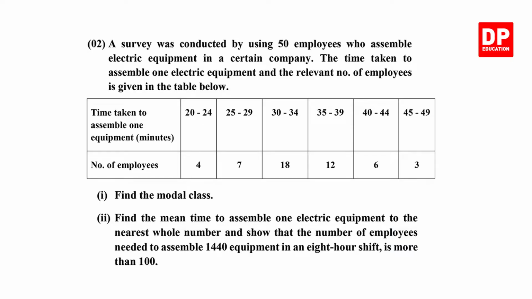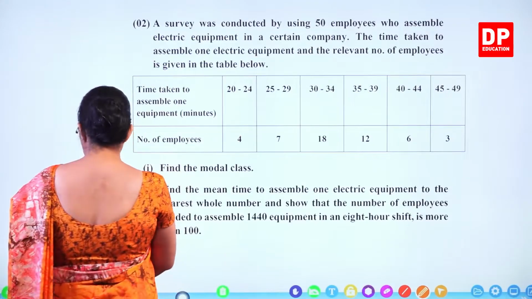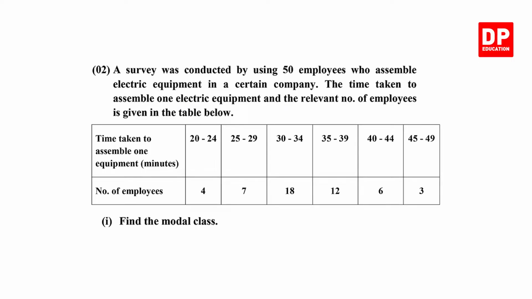Let's do question number 2. It's a statistics question. So you have to find the modal class and find the mean. Let's do that. A survey was conducted using 50 employees who assemble electric equipment in a certain company. The time taken to assemble one electric equipment and the relevant number of employees is given in the table below.